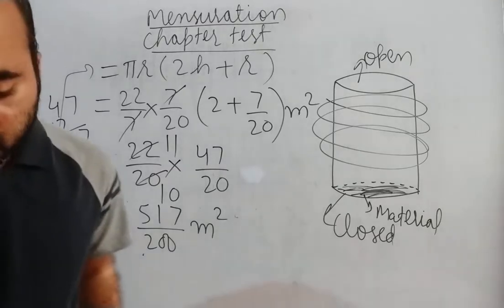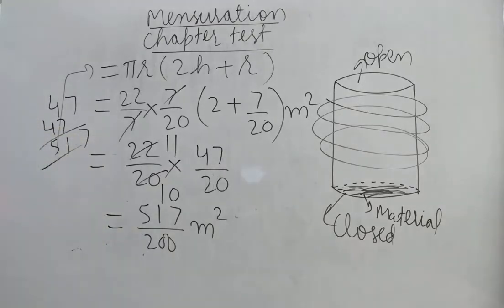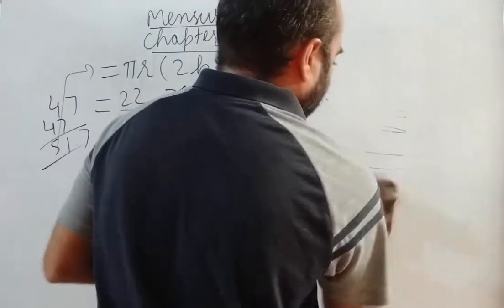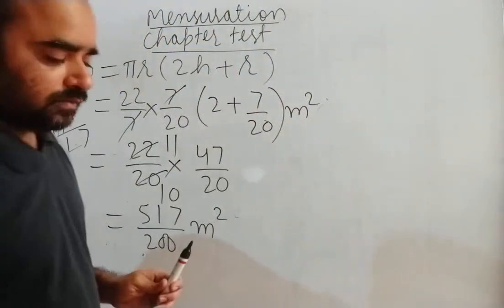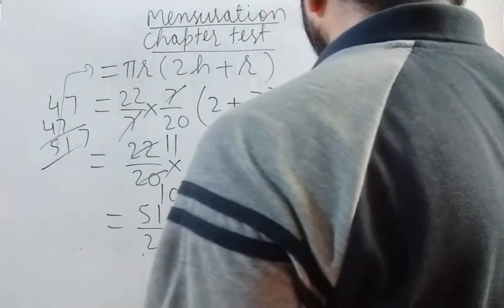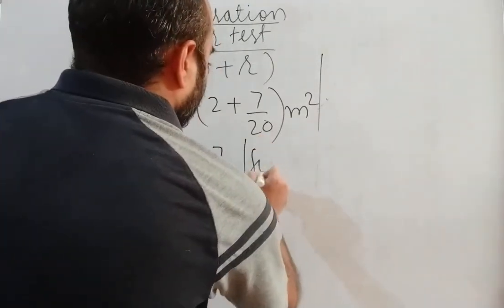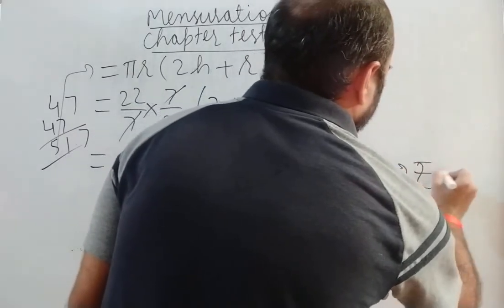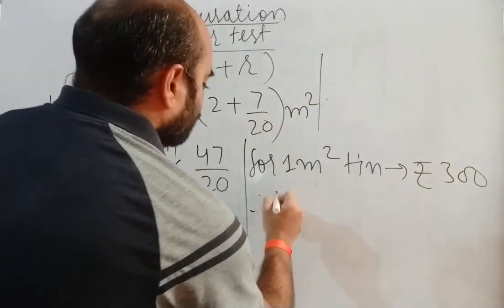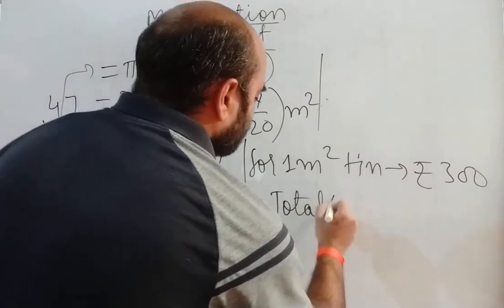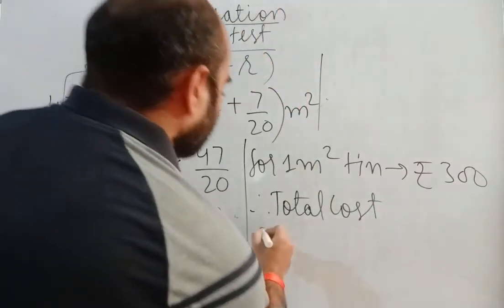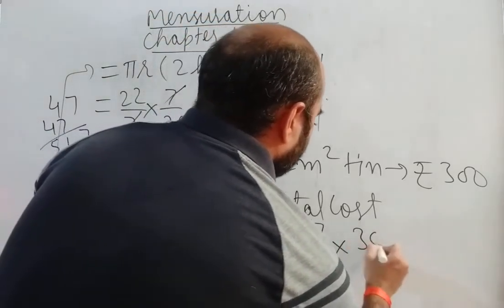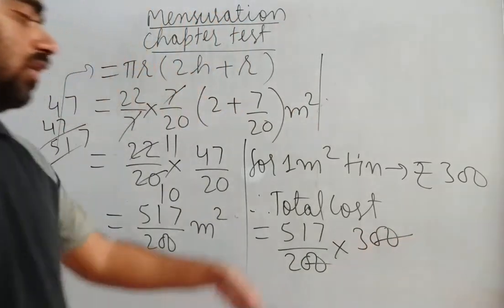So now the cost of 1 meter square is rupees 300. So what is the total cost? For 1 meter square tin the cost is rupees 300. Therefore total cost, or cost of the tin used, will be 517 upon 200 into 300, 100 cancelled. Now divide and find the answer.